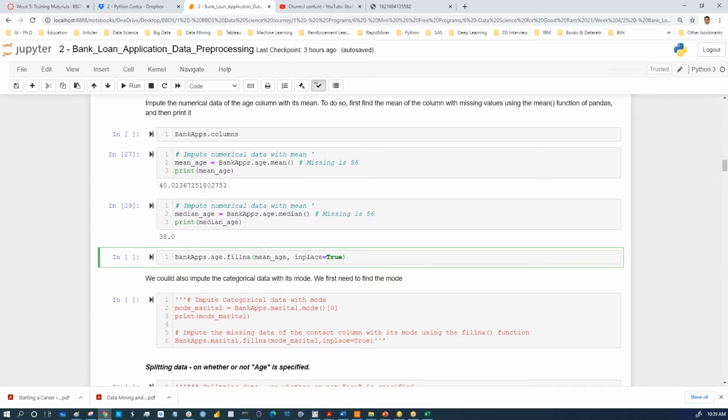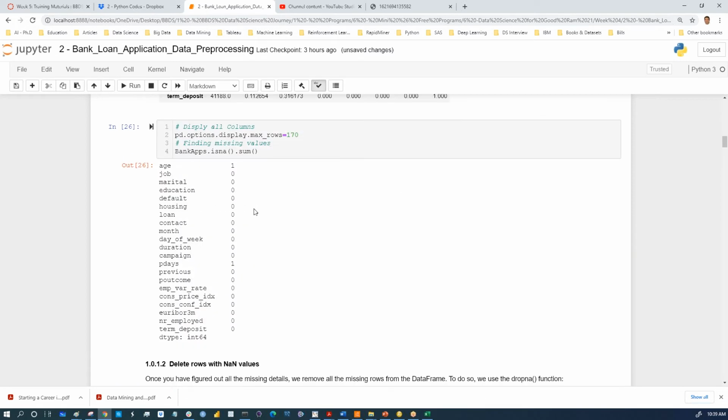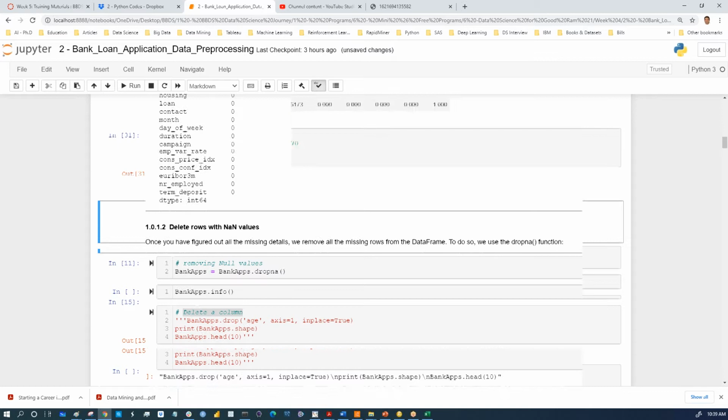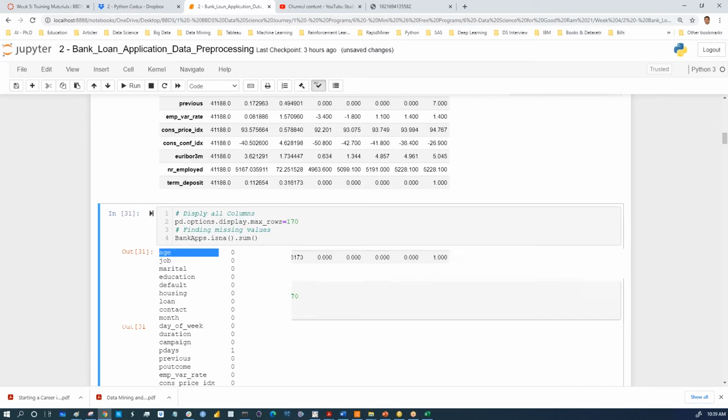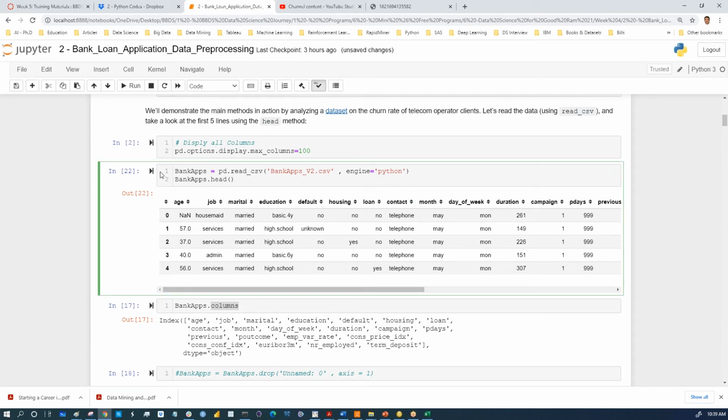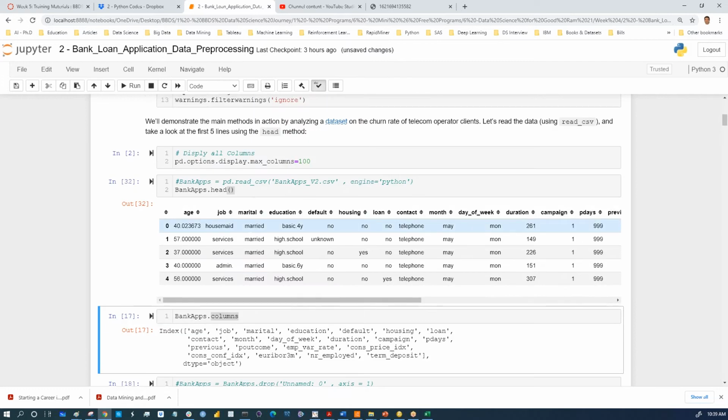So if I were to run this, the value of the first element, I'm going to run this one more time. So the value has disappeared. And now let's take a look at the head again.